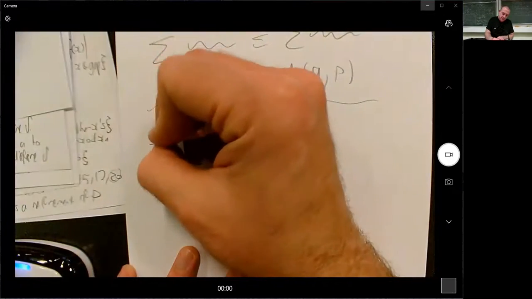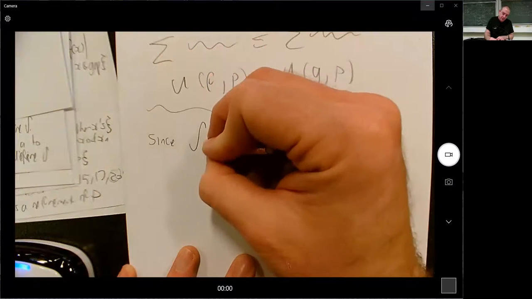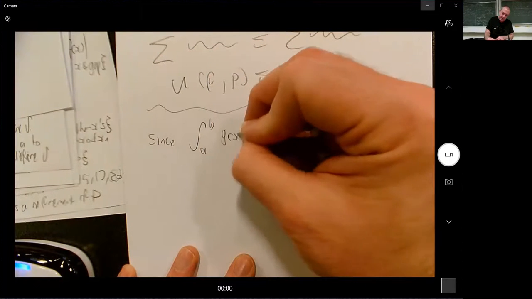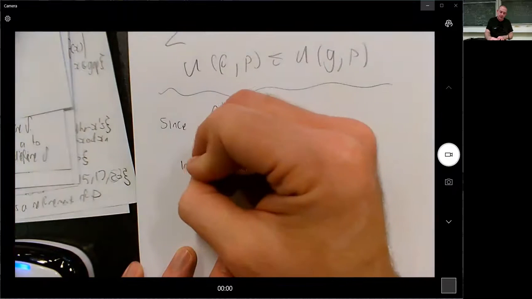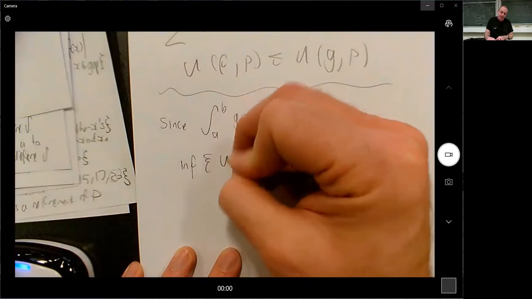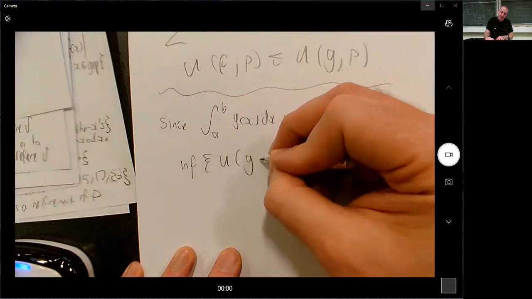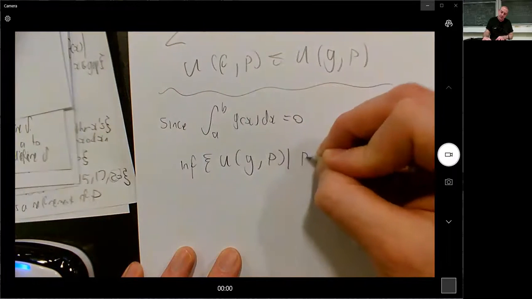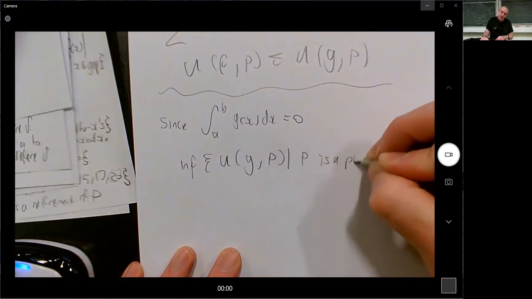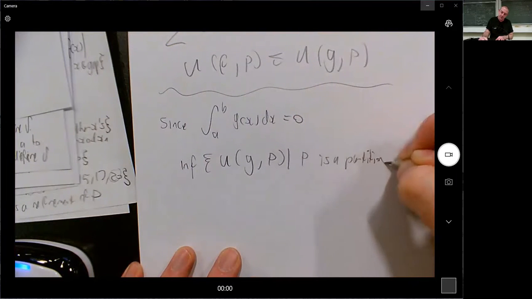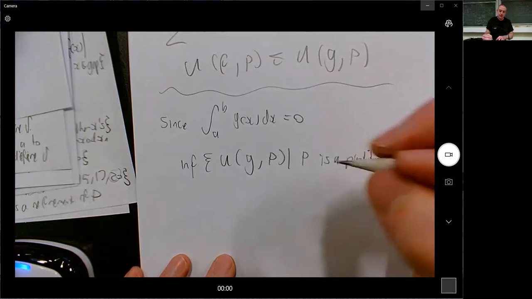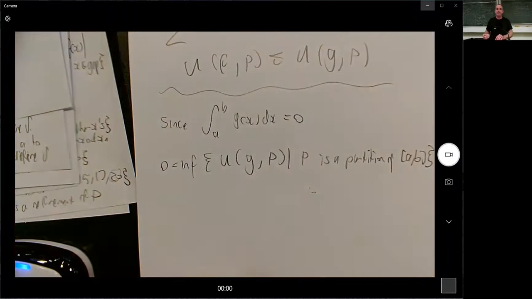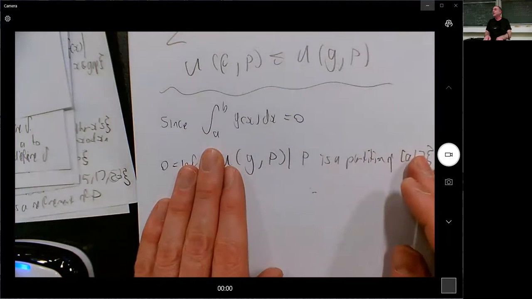So we can now say that since the integral from a to b of g of x dx is 0, the infimum of the upper sums of g such that P is a partition of [a,b] is 0, because the integral is this number.